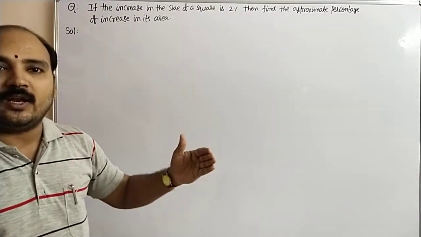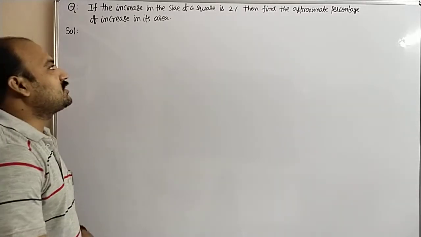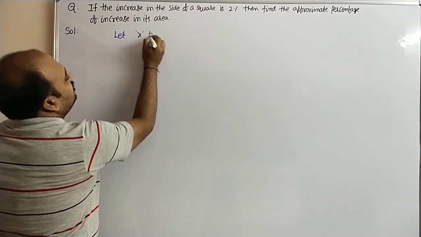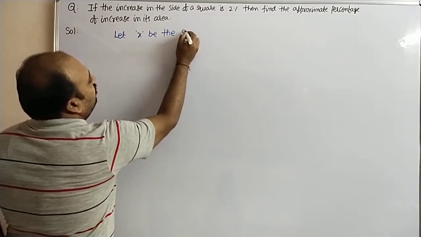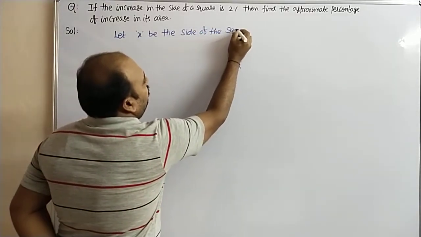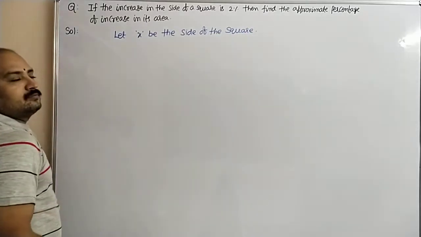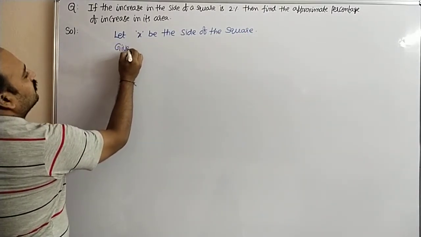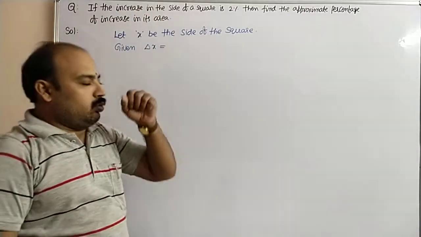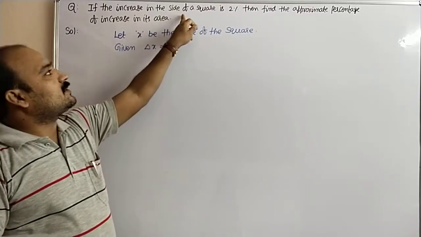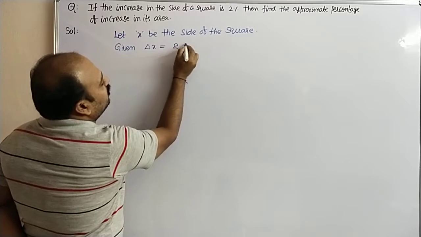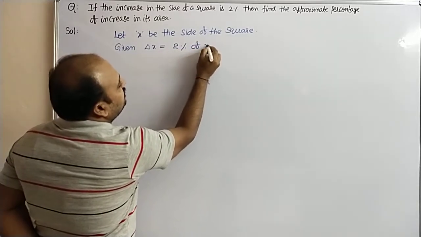They are asking to calculate delta A. So first we have to assume that let x be the side of the square. Given delta x, the increase in the side of the square, is 2%. That means given delta x is equal to 2% of x.